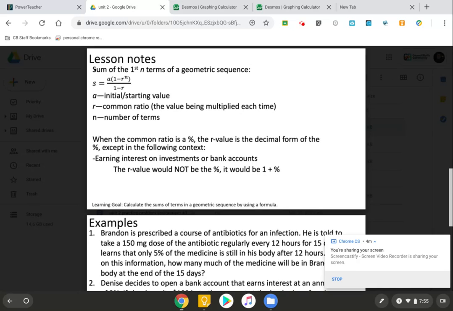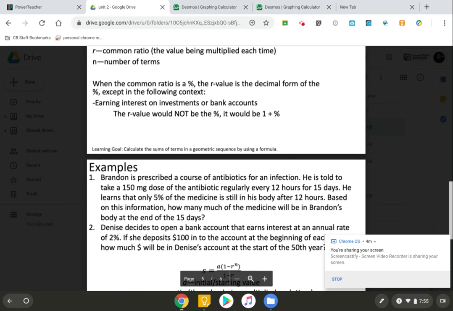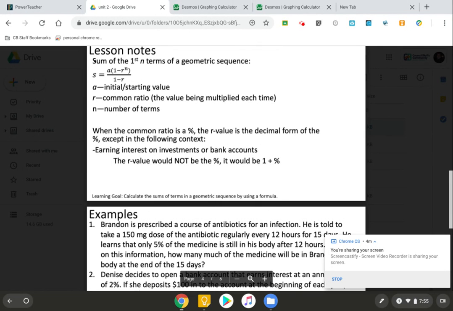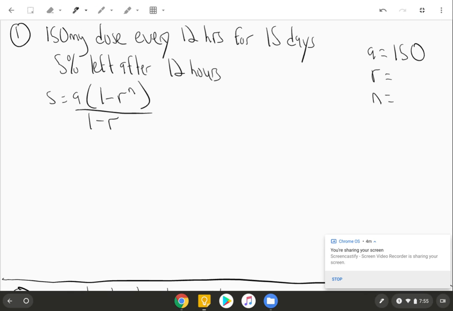Now, this particular question has nothing to do with bank accounts or interest rates or any of that. So we're going to assume that the R value is the decimal form of the percentage. In this case, the decimal form of 5% is 0.05.